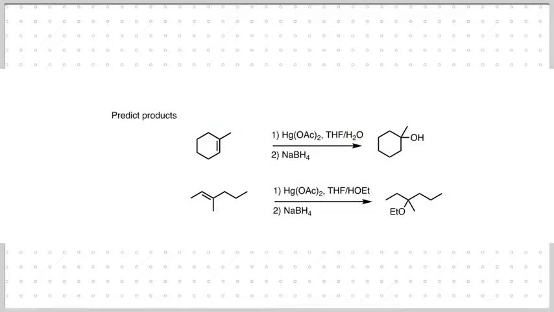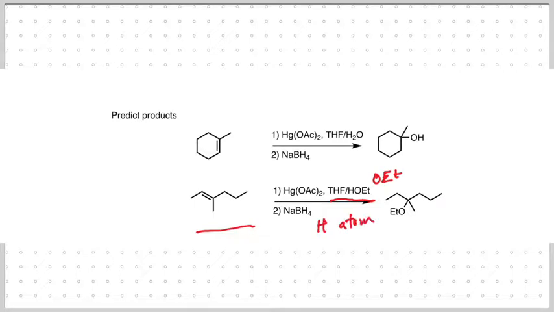So let's see how to determine the product from this reaction. So we have mercuric acetate, which doesn't show up in our product. Then we have THF EtOH, which is ethanol. So this one will give us OEt, which is the ethoxy group, and sodium borohydride is a source of hydride, which will give us our hydrogen atom.